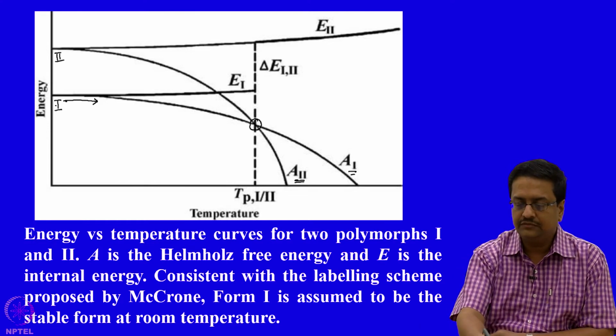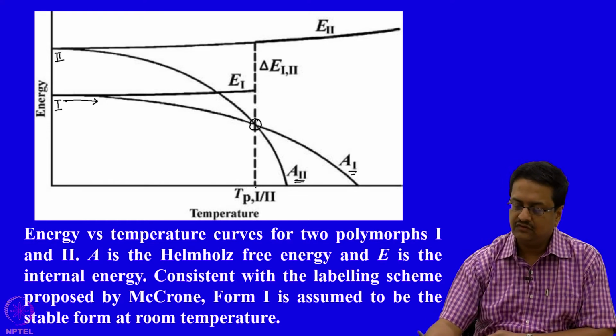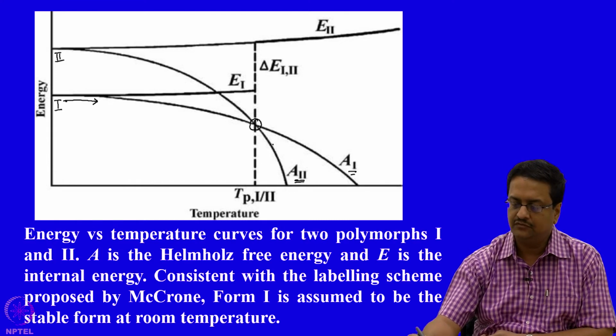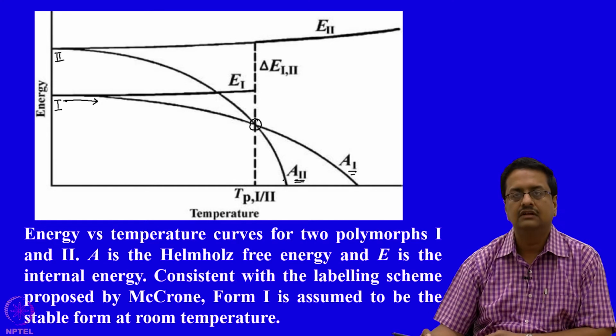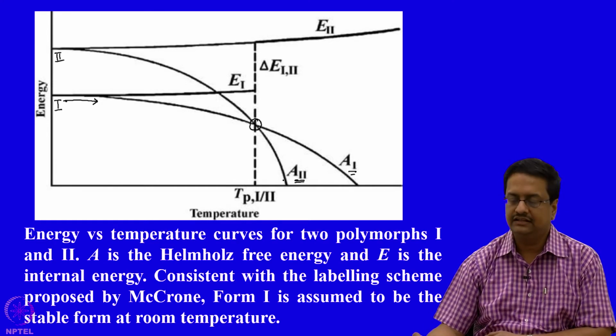So, if we heat form 1 to this transition temperature, form 1 should get converted to form 2 and it should exist at higher temperature.